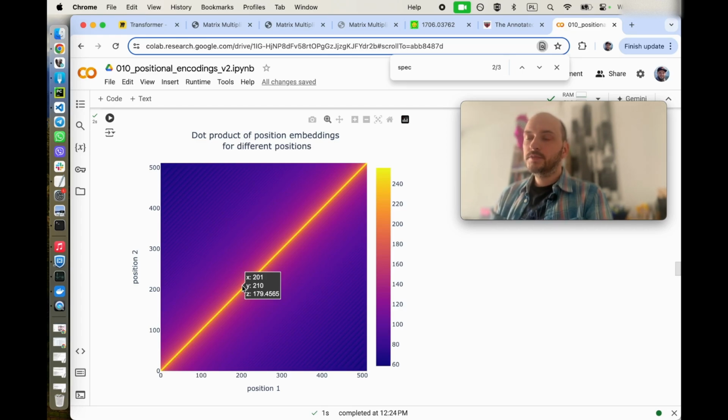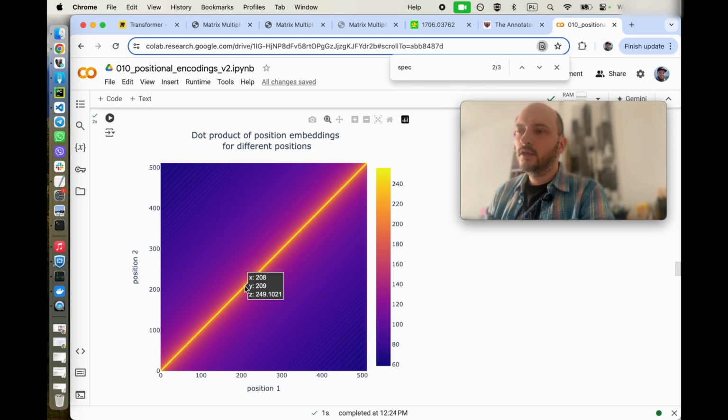Why? Just because the embedding vectors look almost the same. The higher frequencies at the beginning will be different, but the tail of the embedding, the lower frequencies, will be about the same.